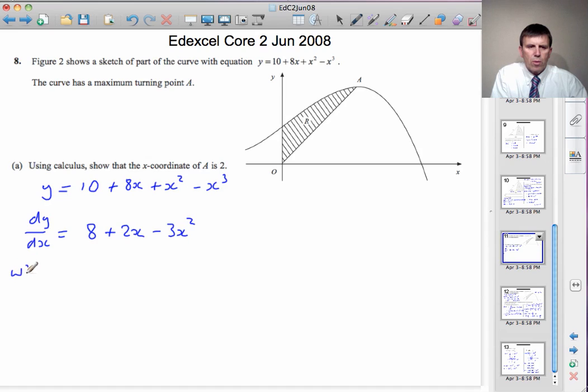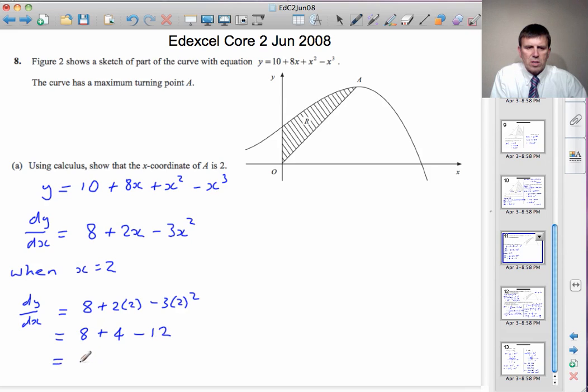So when x equals 2, dy by dx is equal to 8 plus 2 multiplied by 2 minus 3 multiplied by 2 squared, which is 8, 2 2's are 4, 2 squared is 4, minus 3 times 4 is minus 12, and sure enough that gives us 0. Therefore A is a turning point with x-coordinate 2.